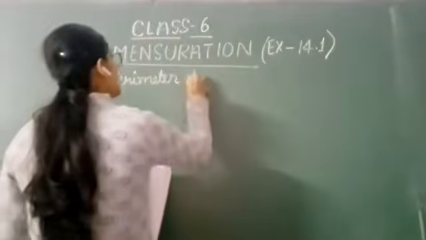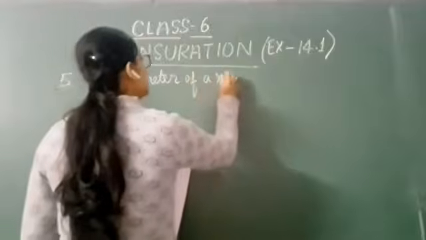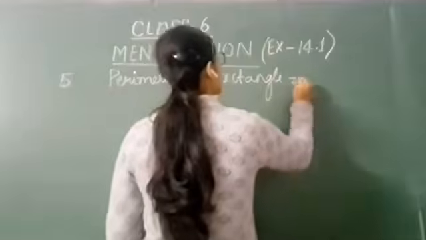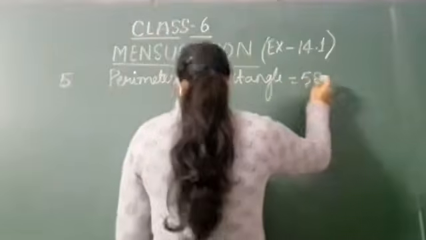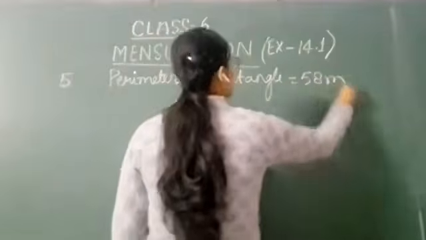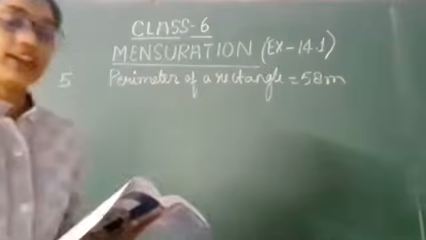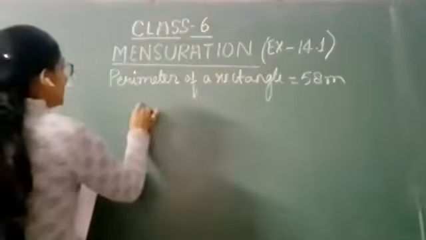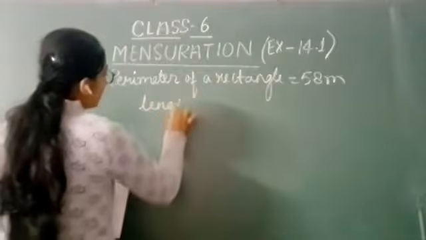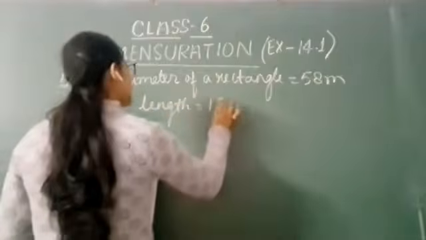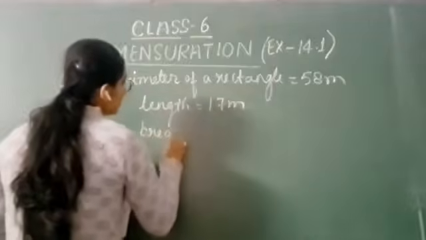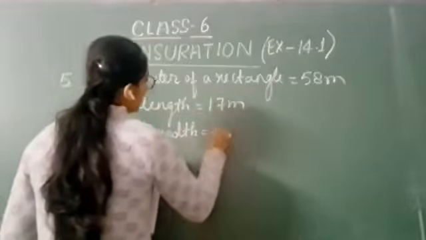Perimeter of a rectangle is equal to 58 meter. Then if its length is 17 meter, length is given 17 meter, then we have to find the value of breadth.